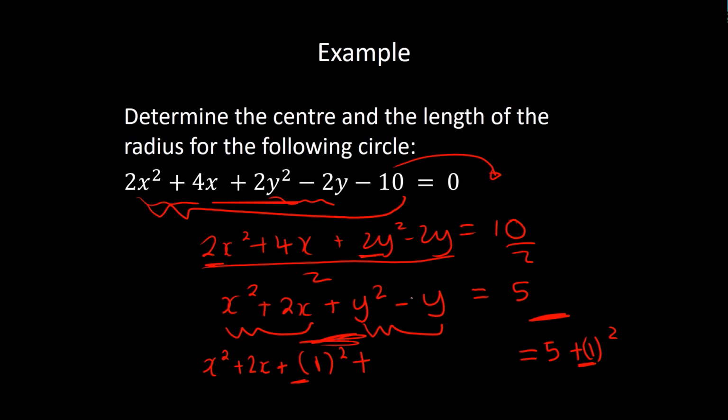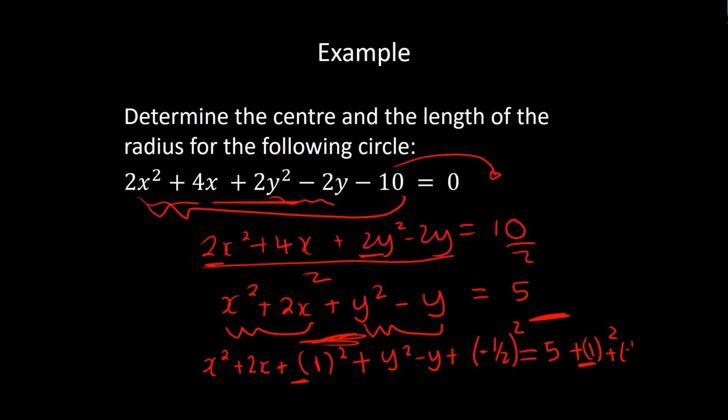And then on the left-hand side, we still need to complete the square of y squared minus y. So it's y squared minus y plus a half of minus 1, which is minus a half squared. And we add that onto both sides as well. All right, so we're going to just carry through onto the next slide.